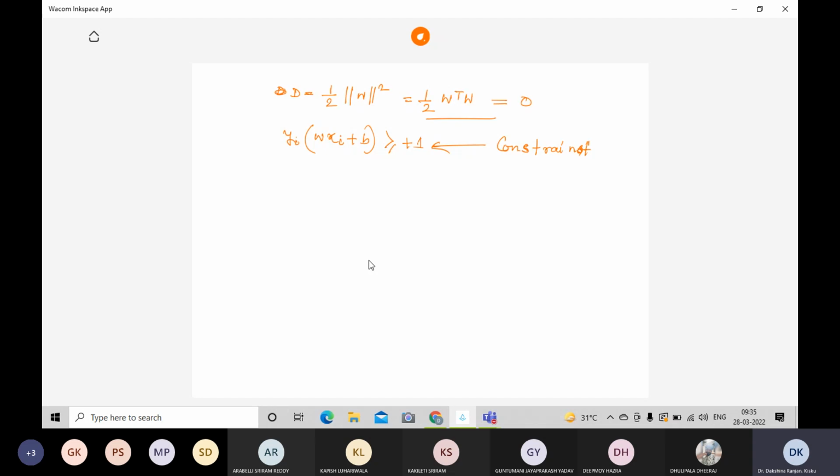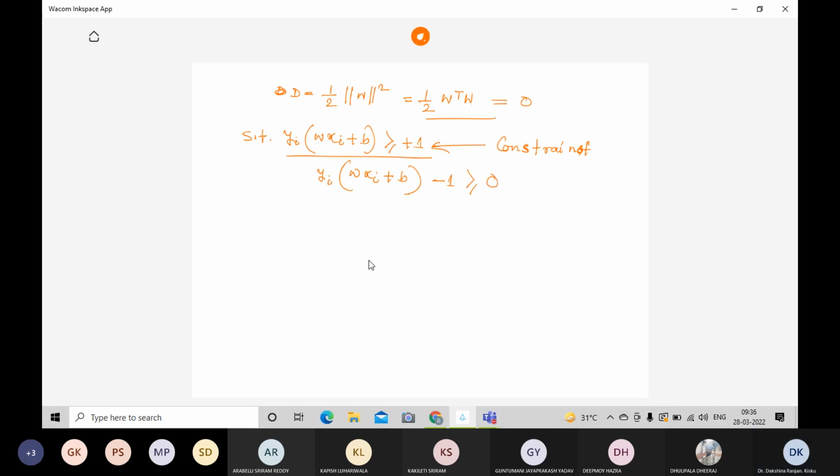Now half of w is to be minimized subject to this constraint. So we can write yi (wxi plus b) minus 1 greater than or equal to 0.